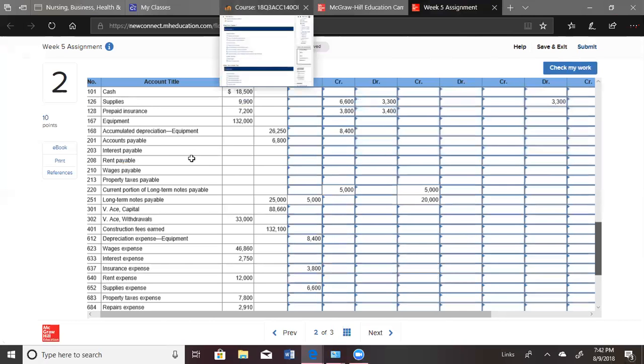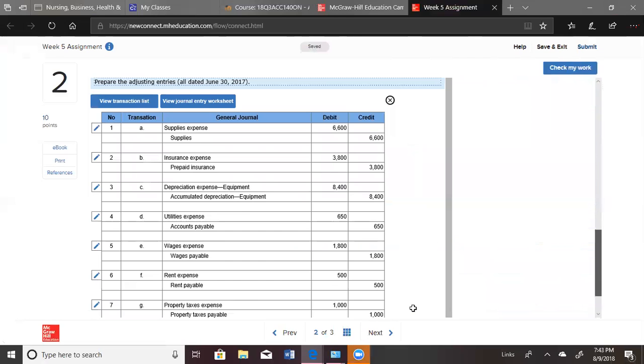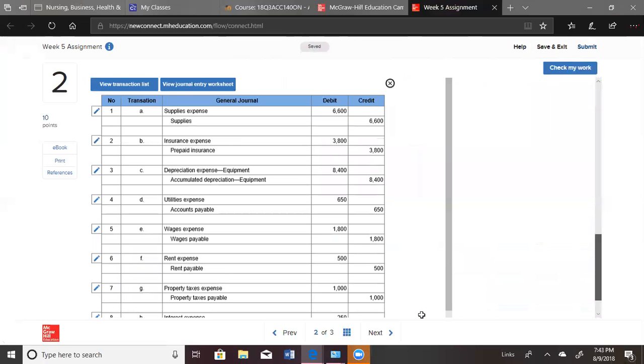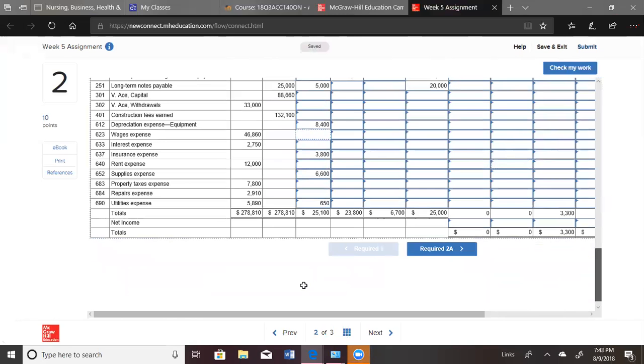Again 1,800 as a debit. Hang on, that's not what that was. Insurance expense. What is this thing?